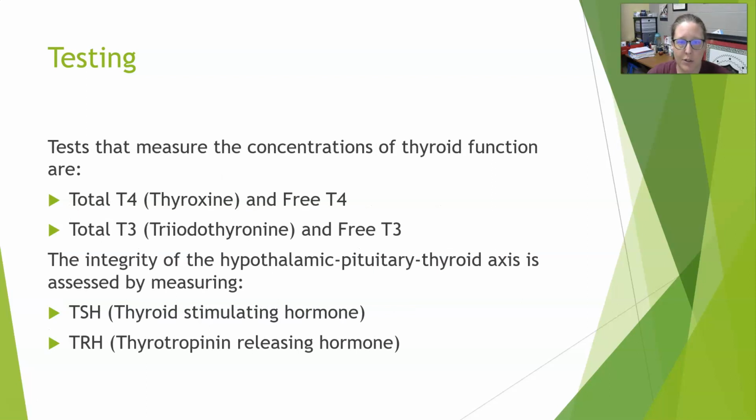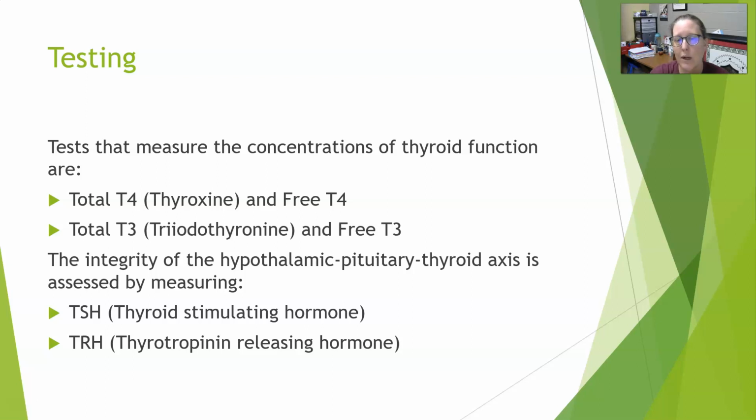So the tests that measure the concentration of thyroid hormones are basically the total T4. T4 is thyroxine, and the free T4. The difference between total and free is that total is free and bound T4.